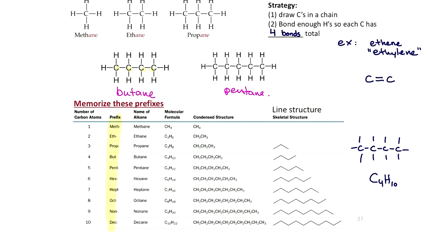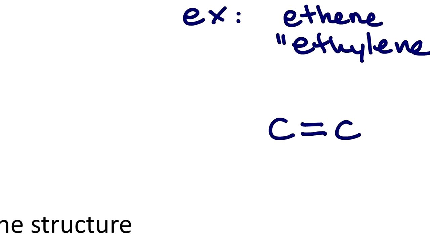So let's look at this one. What about ethylene? 2 carbons double bonded to one another. This carbon already has 2 bonds. So how many more hydrogens do you need to draw there? Not 3. It already has 2 bonds. Carbon only wants 4. So you just need 2 hydrogens on it. And then the other carbon also needs 2.